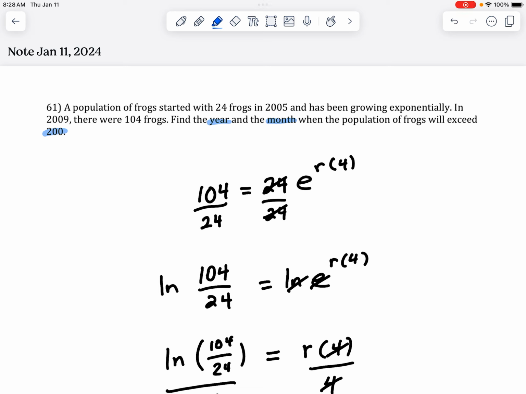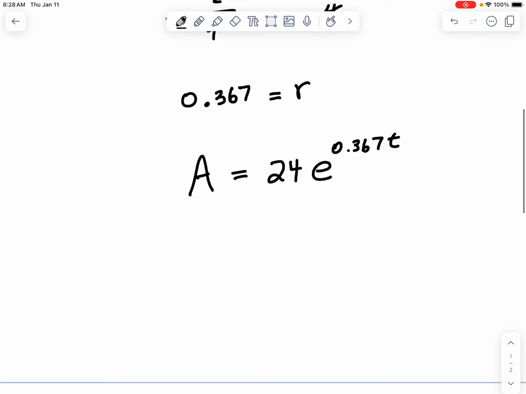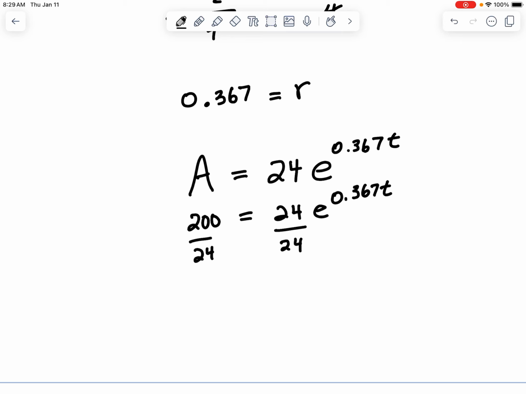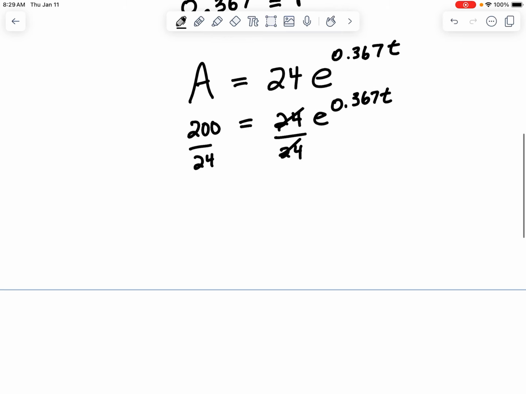So if I set it equal to 200, or in other words, the P becomes 200 frogs, then I could solve for T. So go back down to my function and substitute 200 for the amount of frogs. 0.367T. And then basically we go through the same steps that we just did. Divide both sides by 24. And just leave the fraction 200 over 24 on the left side.